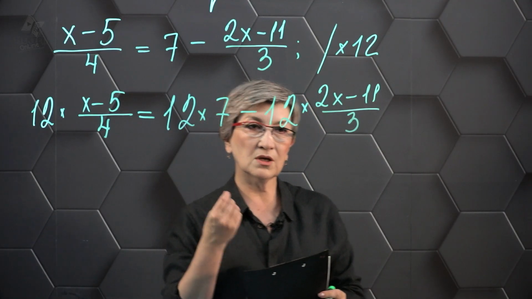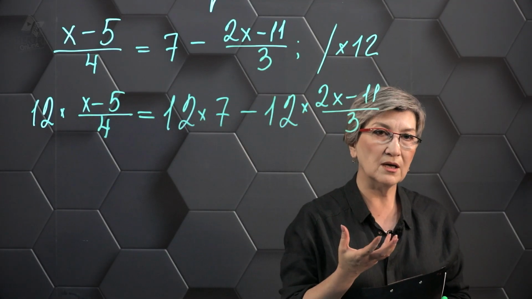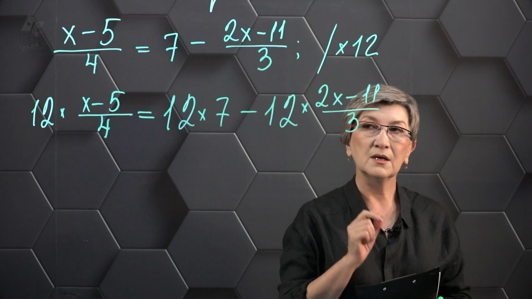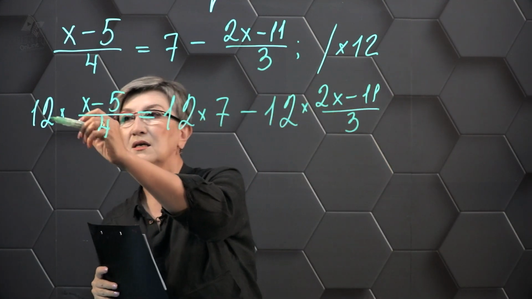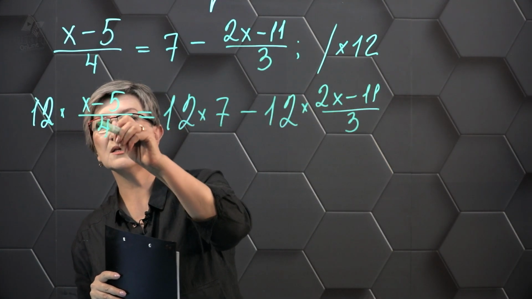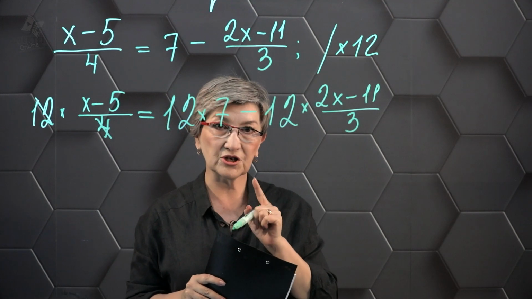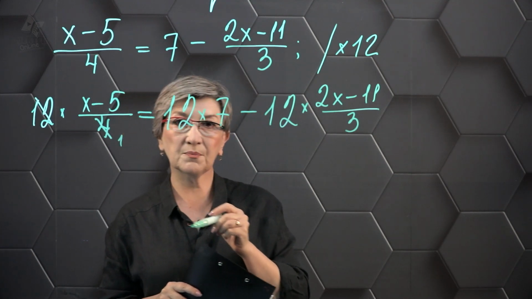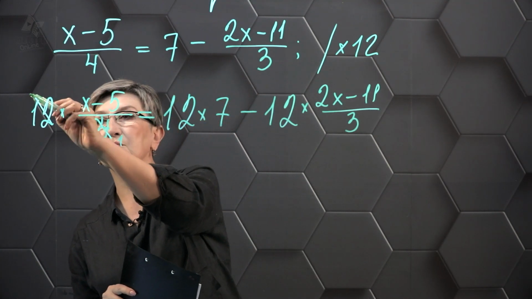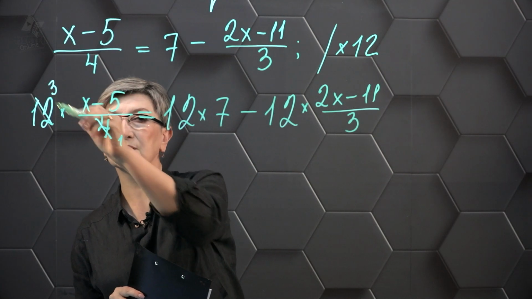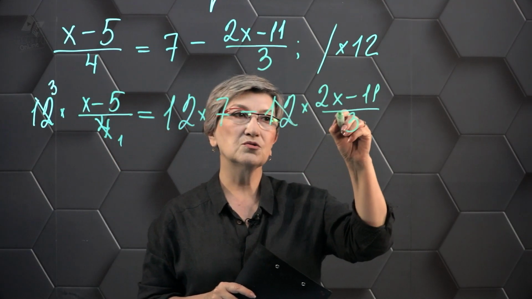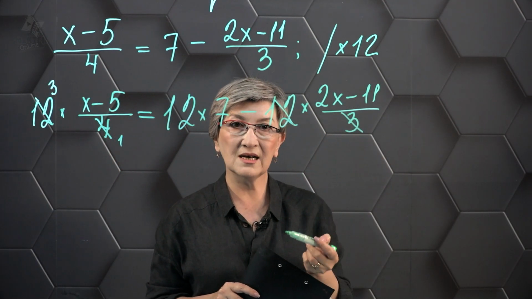In this case we have a complicated notation, but the thing is, if I divide 12 and 4 by 4, I get 1 in the denominator, and instead of 12 I write down 3. And in this case I divide 12 and 3 by 3.